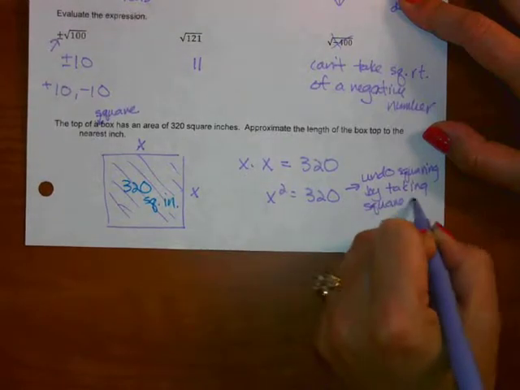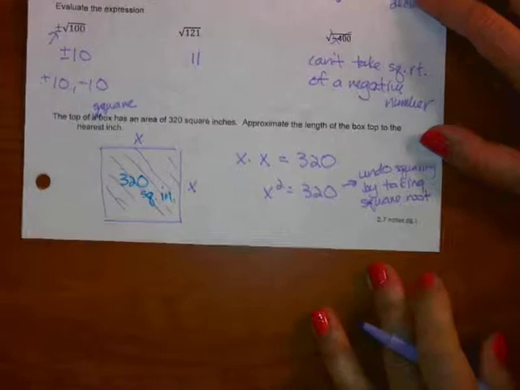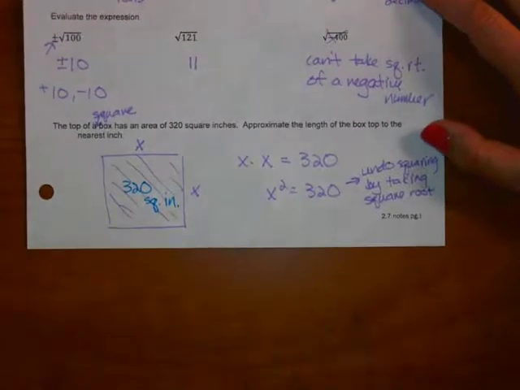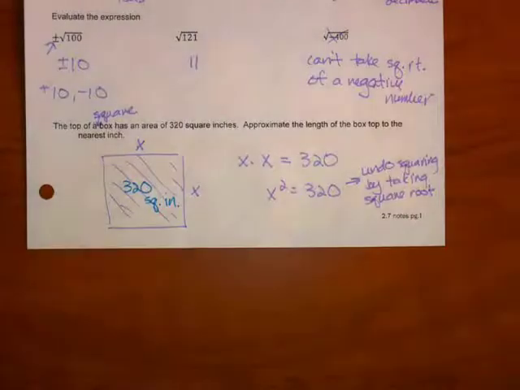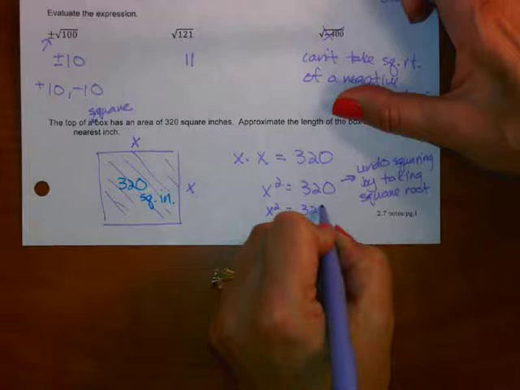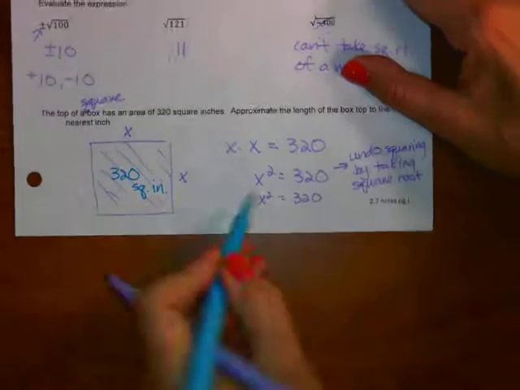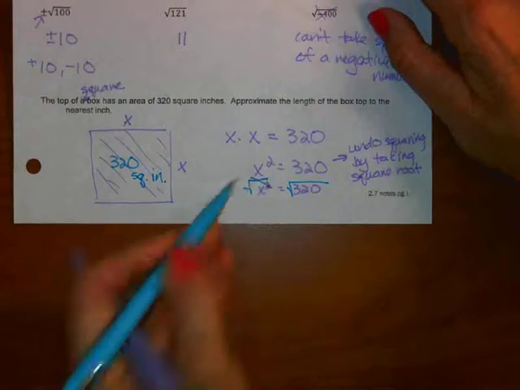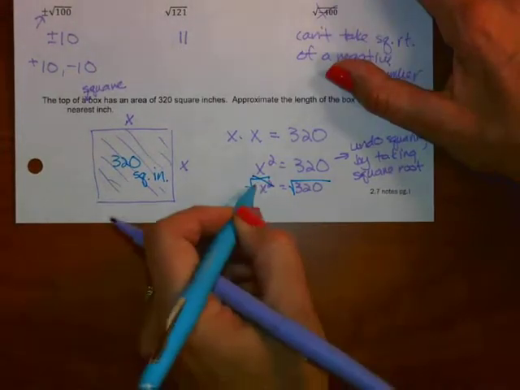And I'll show you what that looks like here. Just for clarity, I'm going to rewrite this, and then I'm going to take the square root of both sides. Have you seen this before? What happens here is that squaring and square root cancel each other out, and you're left with just x.